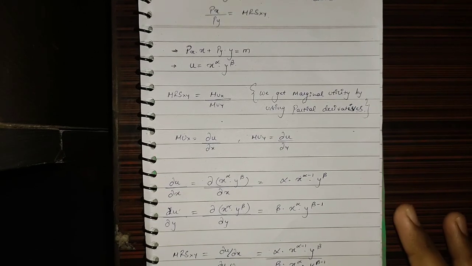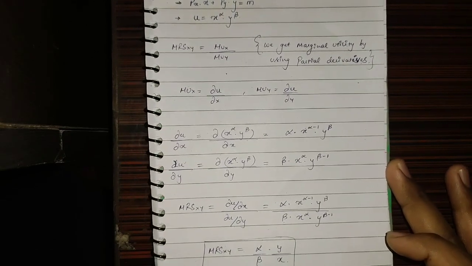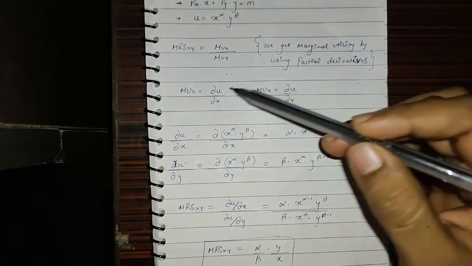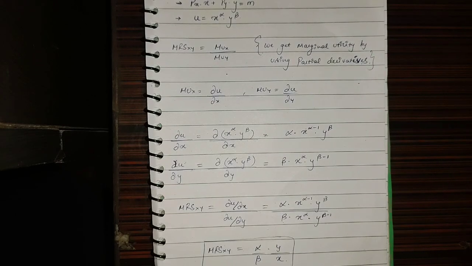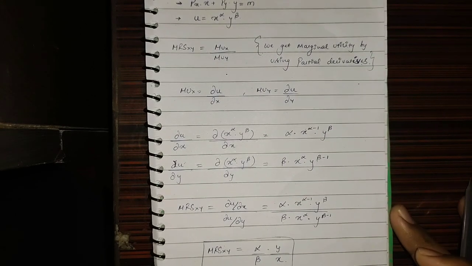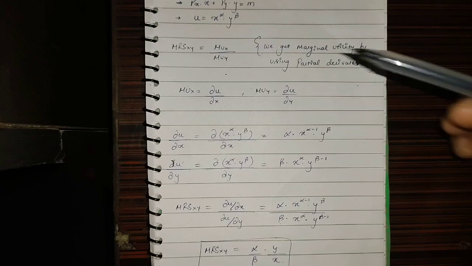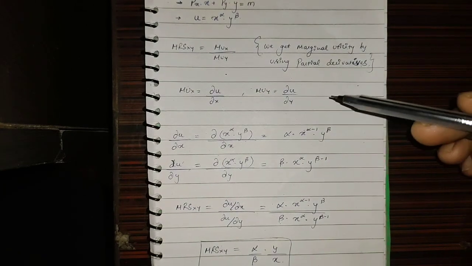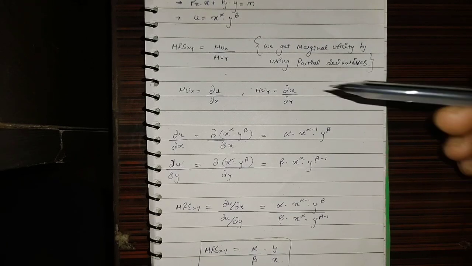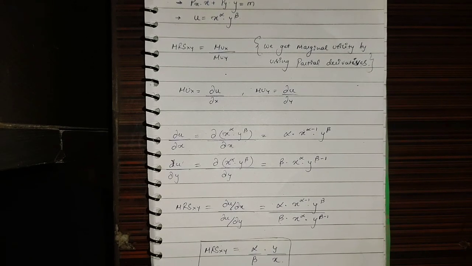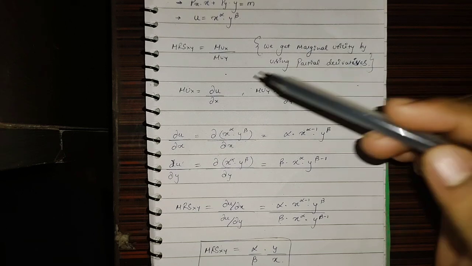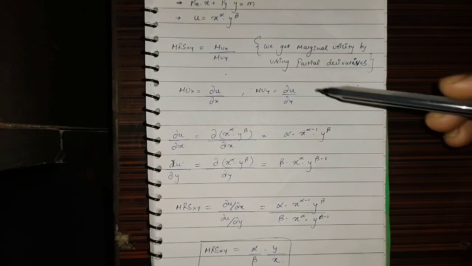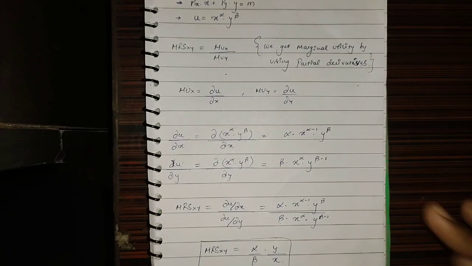Partial differentiation is represented by del. The marginal utility of good X is del u by del x, and the marginal utility of Y is del u by del y.